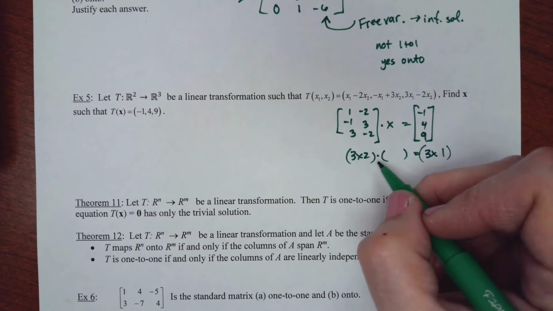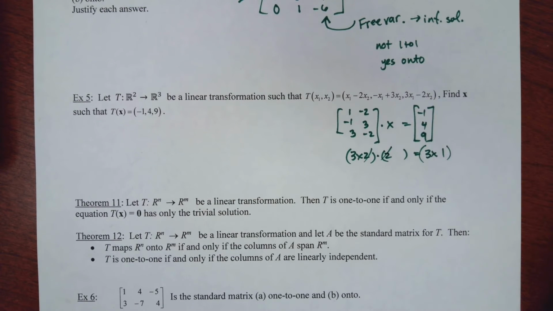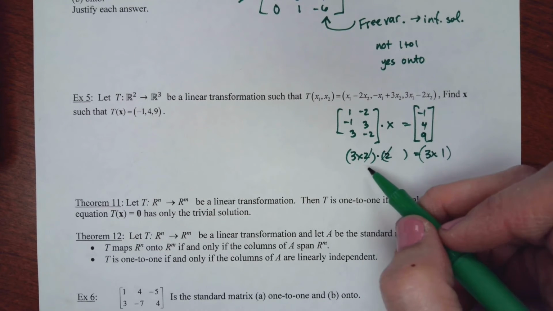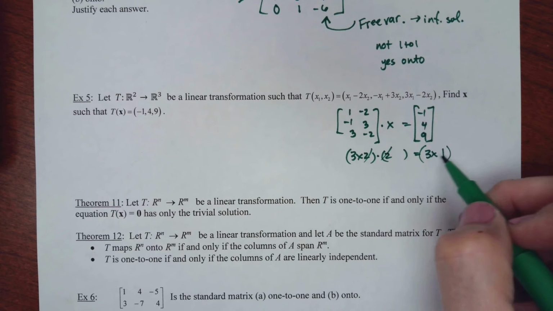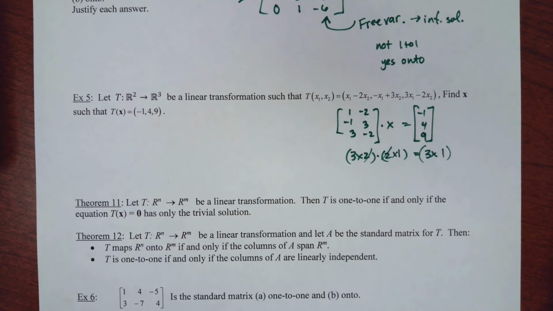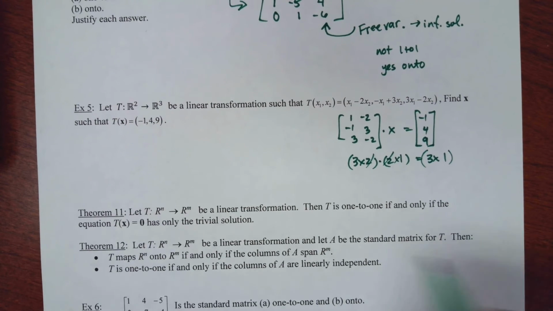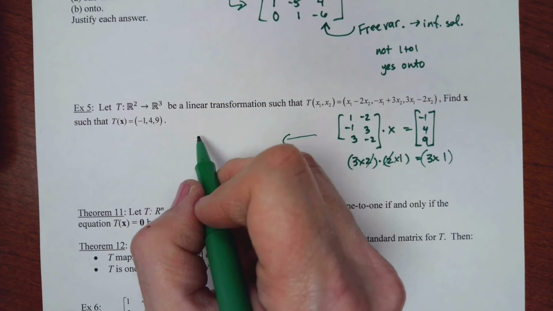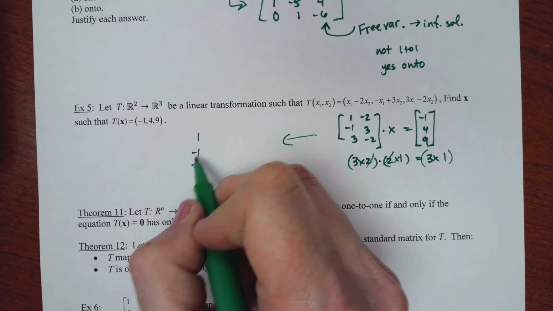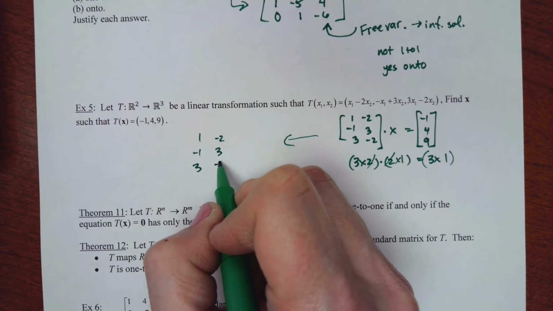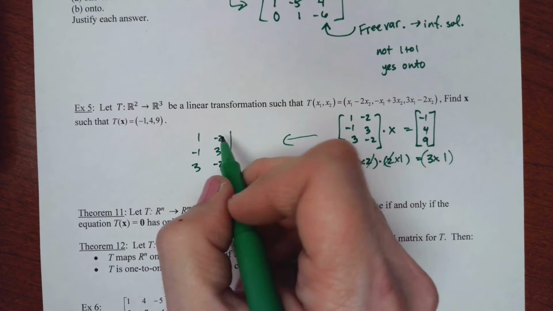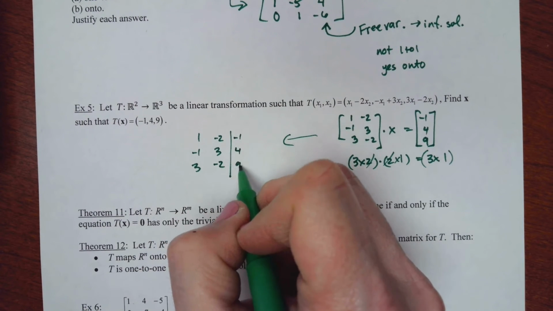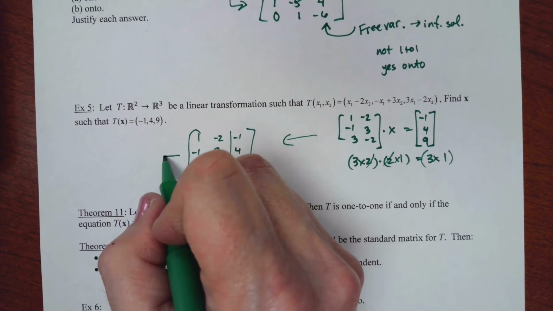So I know this has to be a 2, because these need to match up, and 3 by 1 is my ending size, so it's a 1. So it's a 2 by 1. All right, let's go ahead and do it. We put our stuff, 1, -1, 3, -2, 3, -2, augment it with my answer here, -1, 4, 9. And I will ref it.